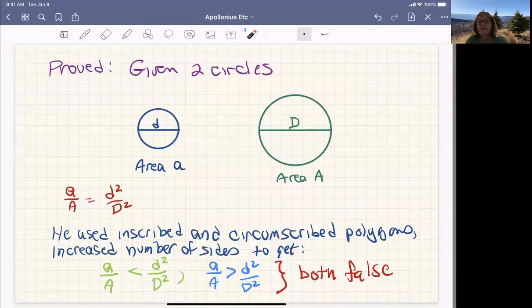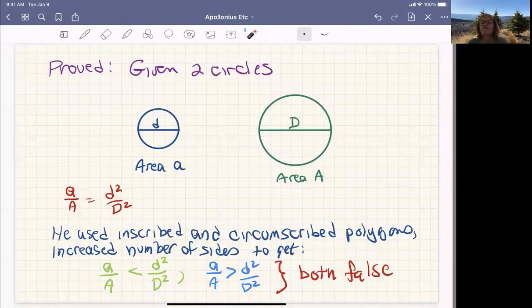Doing that, he was able to show that this inequality, little a over big A is less than little d squared over big D squared, was false. Similarly, little a over big A is greater than little d squared over big D squared, that one's false too.